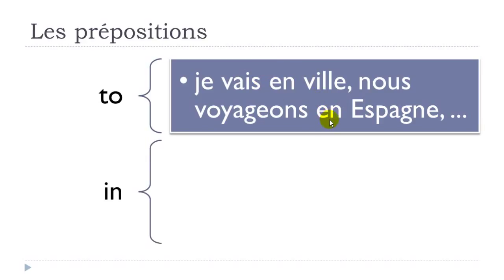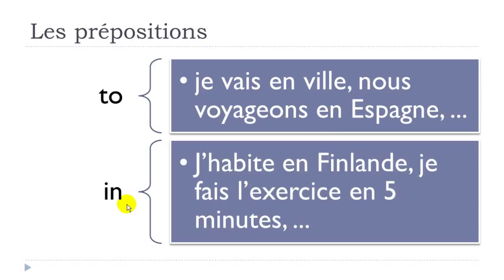Other use could be this "in". For instance, j'habite en Finlande. Habiter is to live. I live in Finland. J'habite en Finlande. Je fais l'exercice en 5 minutes. Faire is to do, l'exercice, the exercise, in 5 minutes.